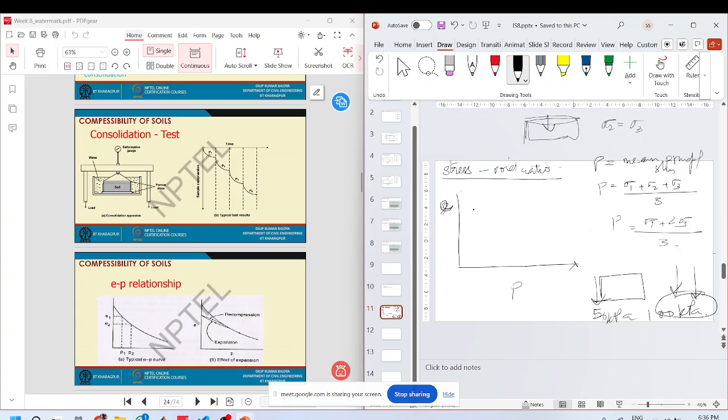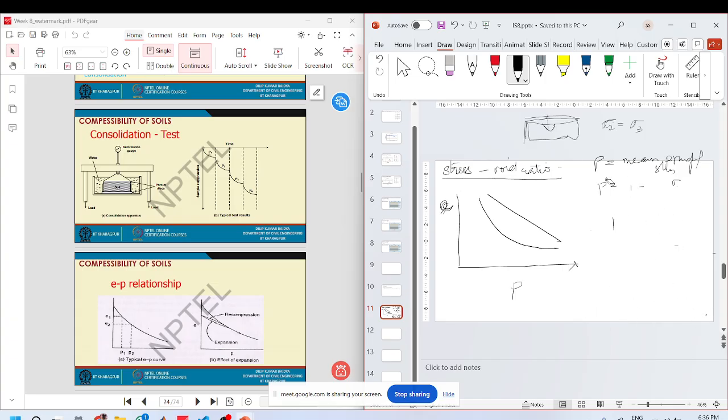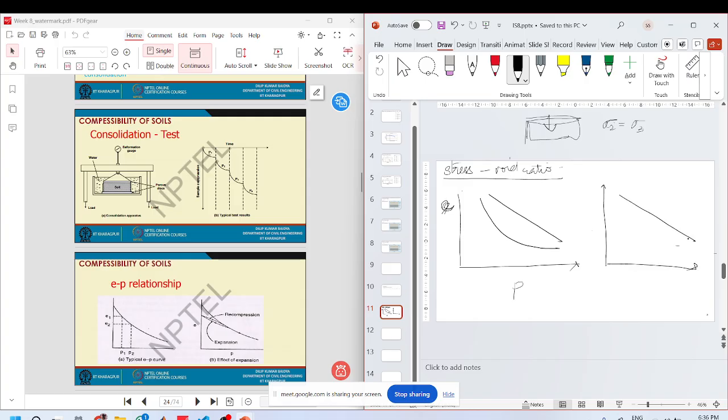But the complete relationship is somewhat non-linear like this. It's not like a linear relationship that is going this way. And this relation, if you plot on a log scale, will actually give you a slanting line like this. Okay. So this is the relationship between void ratio and the mean stress.